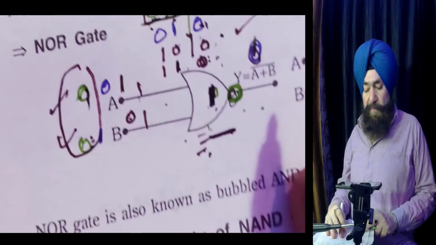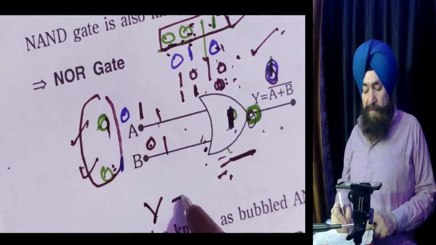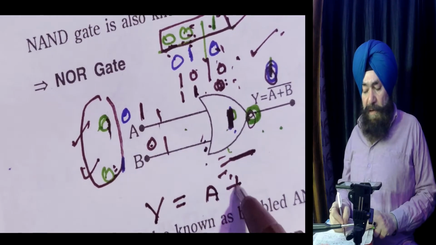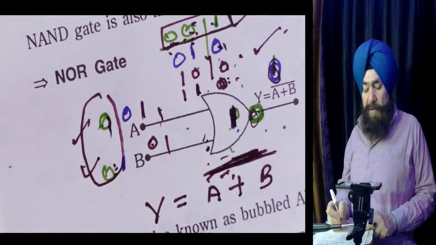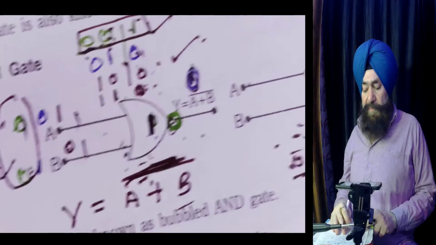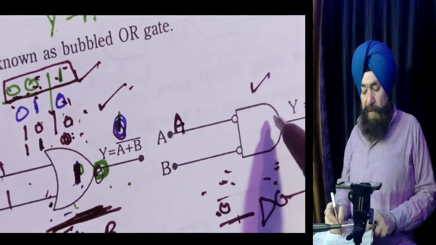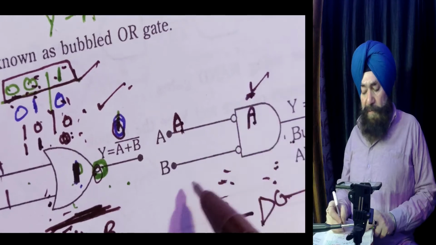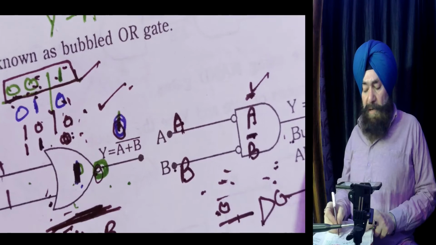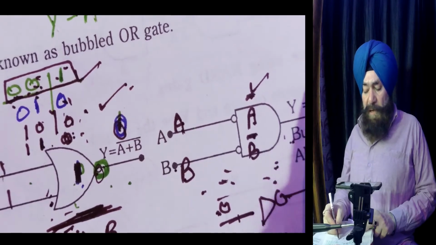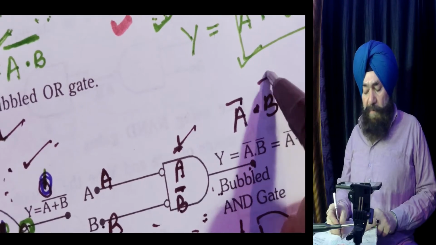So the Boolean expression for this is Y equals A or B, then bar, the NOR gate. Here, first of all, A becomes A bar, this is B, here it becomes B bar, and at the output A bar dot B bar.